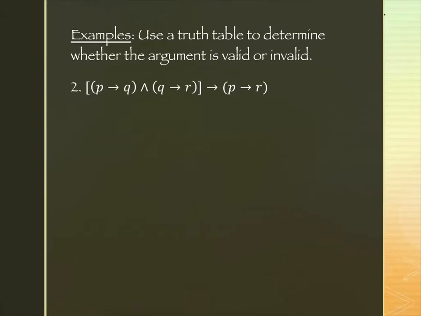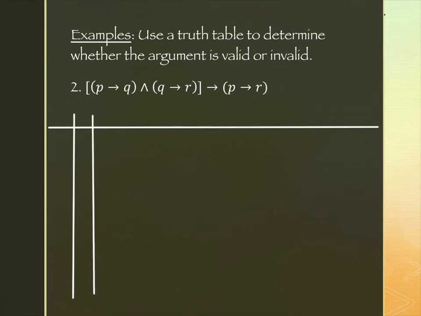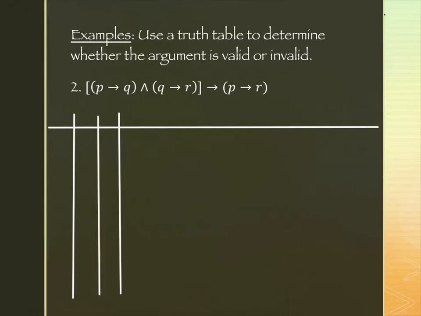We've got 3 letters. So 3 letters means I need 3 columns, and they always go in order, P, Q, R. Okay? So we're going to create a bigger truth table simply because I have 3 letters. So I have a P column, a Q column, and an R column. So P, Q, R. And much like I did on the last one, I'm going to put all my column headers in first.